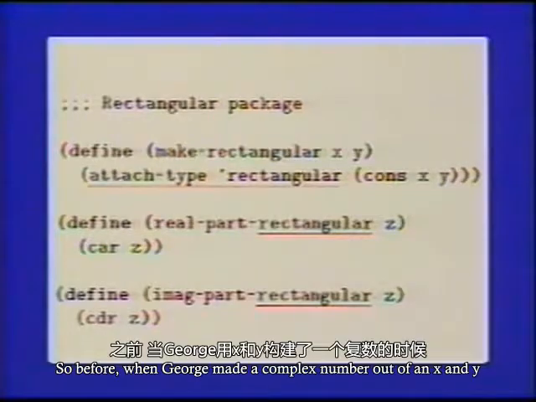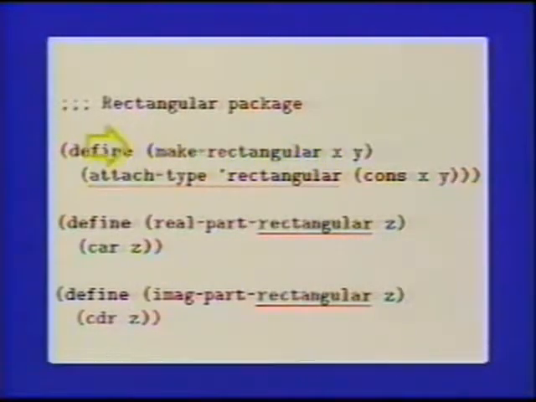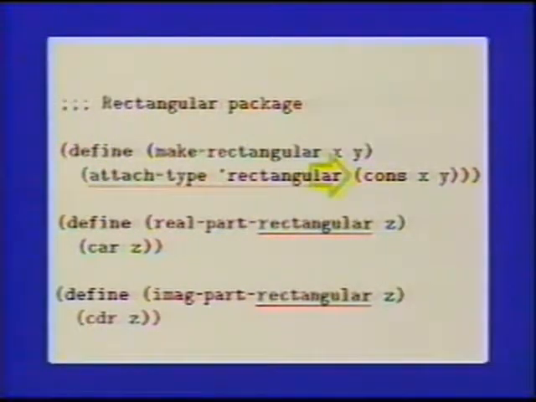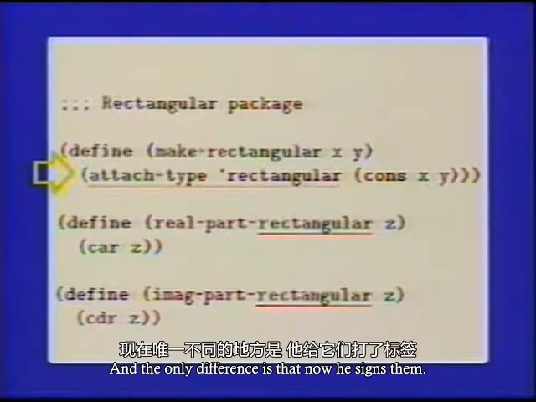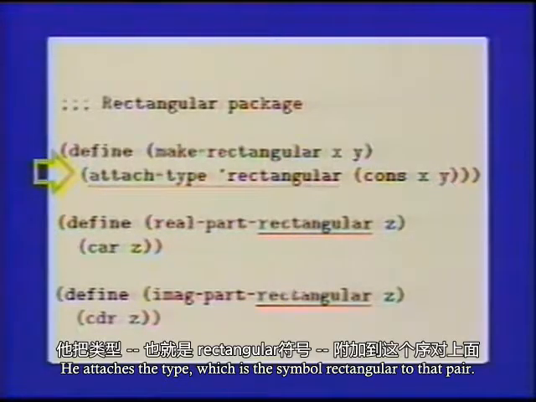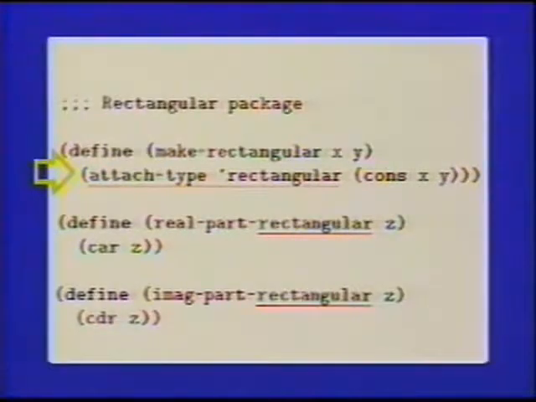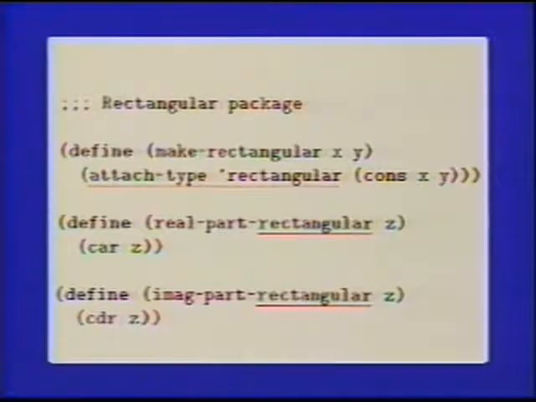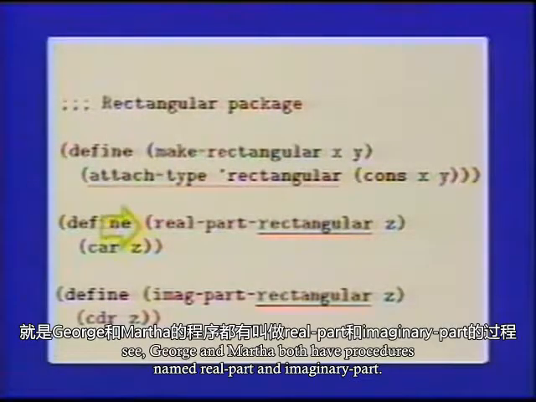So before, when George made a complex number out of an x and a y, he just put them together to make a pair. The only difference is that now he signs them. He attaches the type, which is the symbol rectangular, to that pair. Everything else George does is the same, except that George and Martha both have procedures named real part and imaginary part.